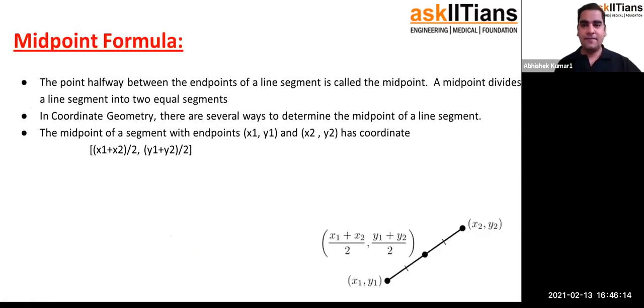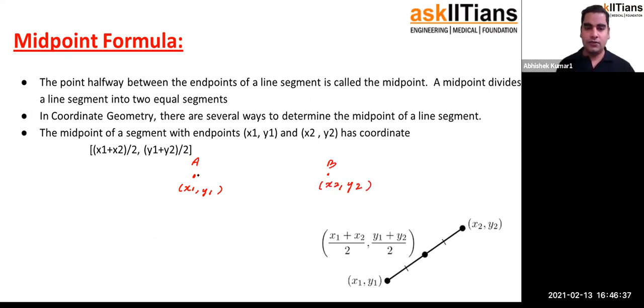This is interesting and super easy. The midpoint formula. What does the midpoint formula say? As the name indicates, let's say you have a line which is joining 2 points. A has coordinates x1 comma y1, and there is one more point B whose coordinates are x2 comma y2.